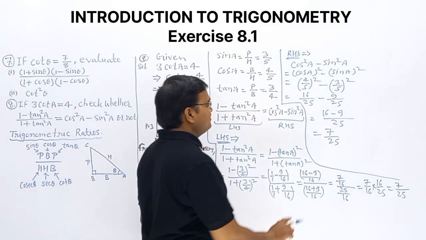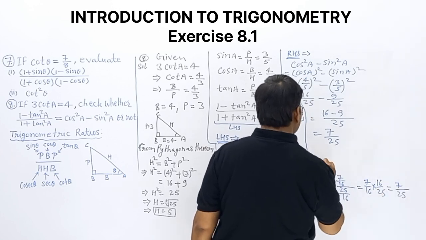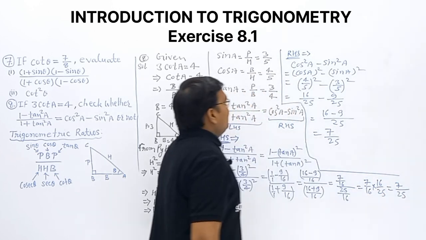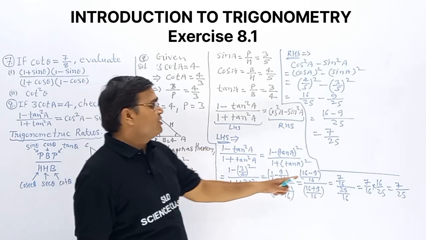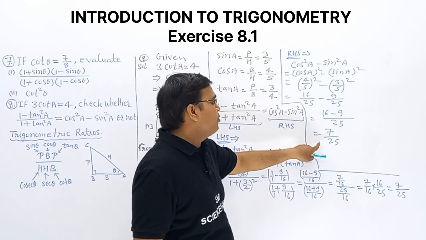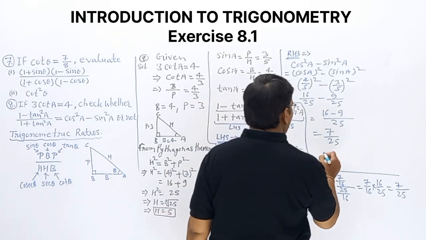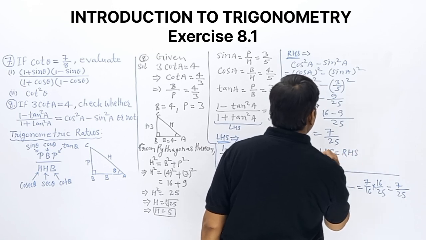Right hand side, what are we having? Once we solved the left hand side, we got 7 upon 25 and the right hand side is also 7 upon 25. So finally we can say left hand side is equal to right hand side.